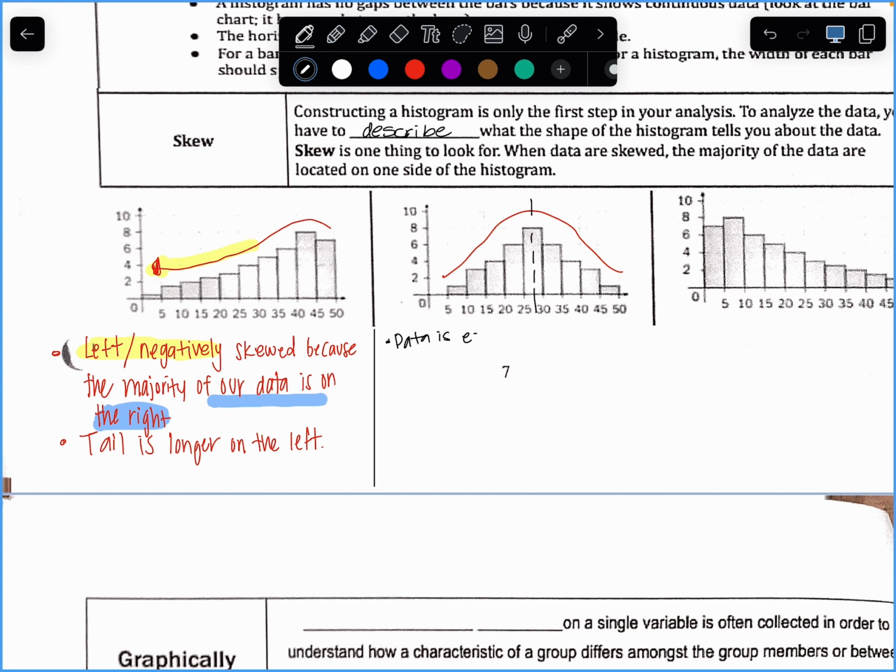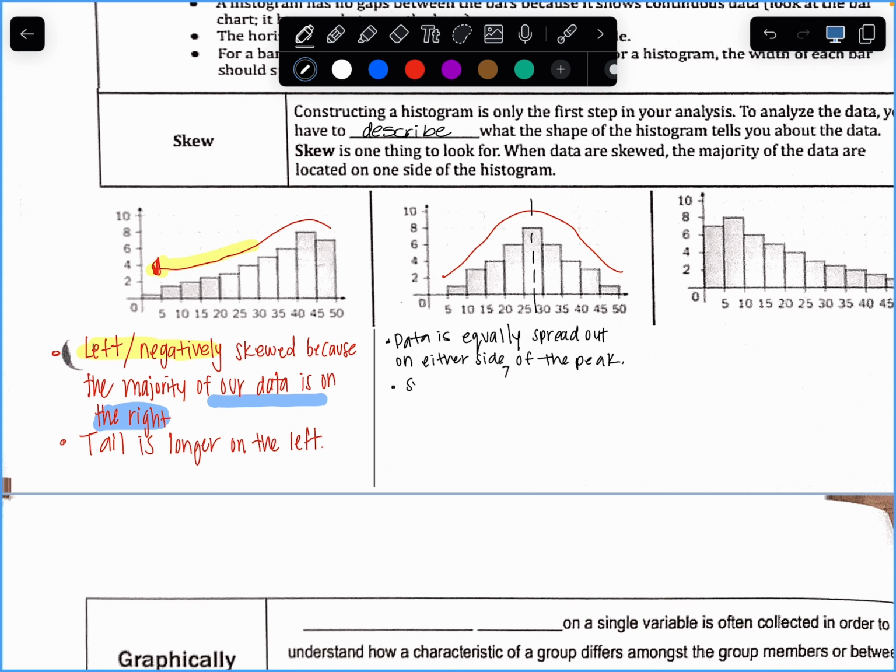In other words, the data is equally spread out or equally distributed on either side of the peak.